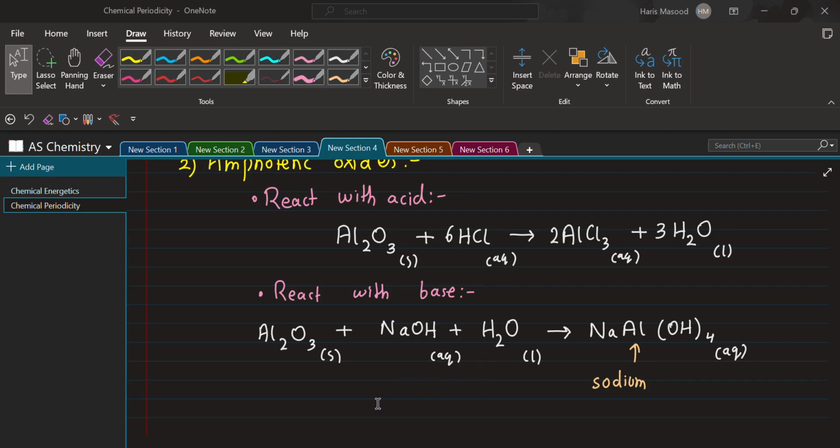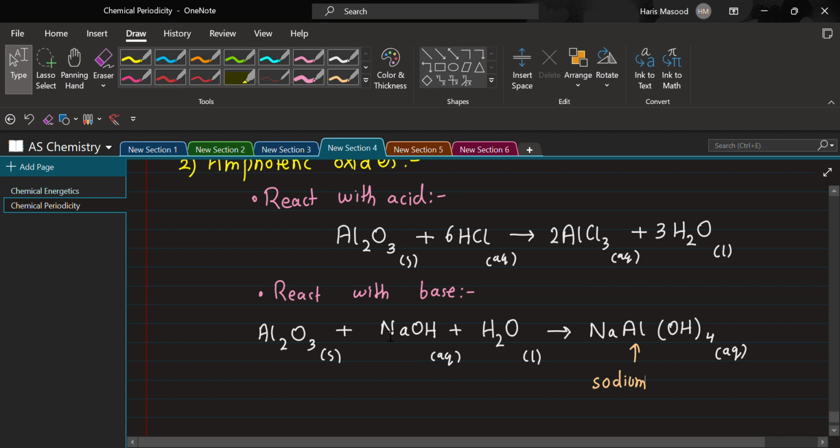First, it will try to dissolve the aluminium oxide and react, because we need the hydroxide ions. So to get excess hydroxide ions, we have added water here, because NaOH alone cannot form this sodium aluminate.